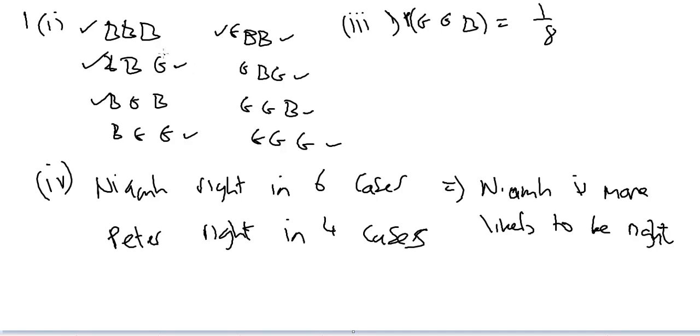Because each of these 8 cases are equally likely. So Neve is going to be right in 3/4 of the time, while Peter will be right half the time. And in fact, I've made a mistake, because Neve said that there will be at least one girl.